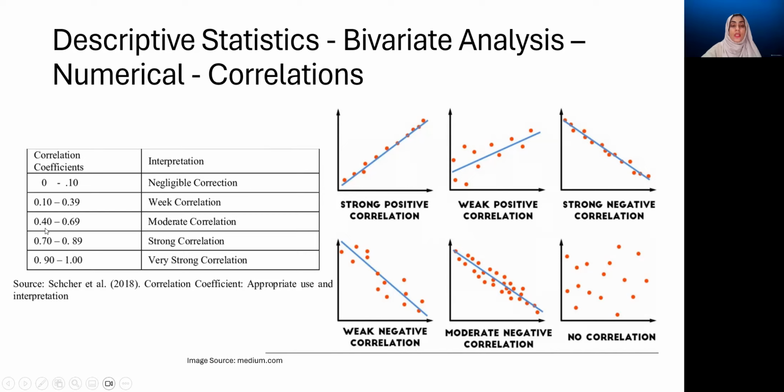And here we are discussing the absolute values. So if we have this interval of correlation values, 0.4 till 0.69, this represents a moderate correlation. Finally, we have the strong correlation categories as 0.7 to 0.89 for strong correlation, and very strong or nearly perfect correlation if the range is from 0.9 to 1.